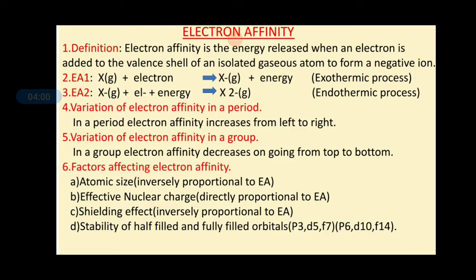Noble gases have zero electron affinity because the electronic configuration is ns2 np6. Halogens with a general electronic configuration ns2 np5 have high values of electron affinity since addition of one electron leads to the stable electronic configurations of noble gases.